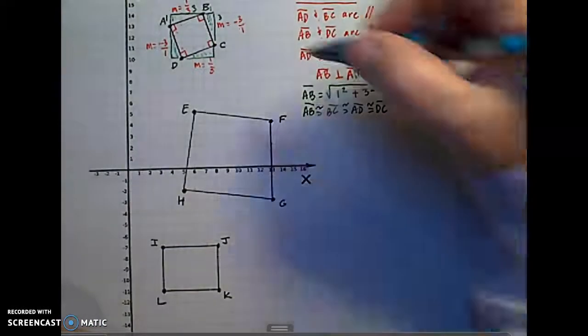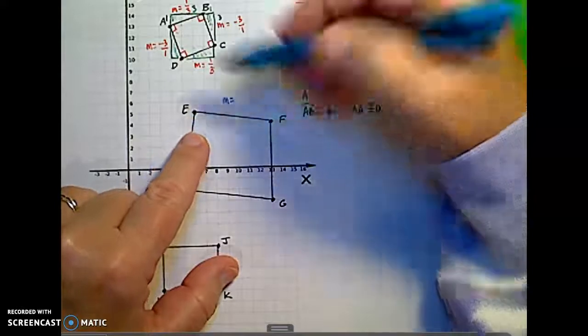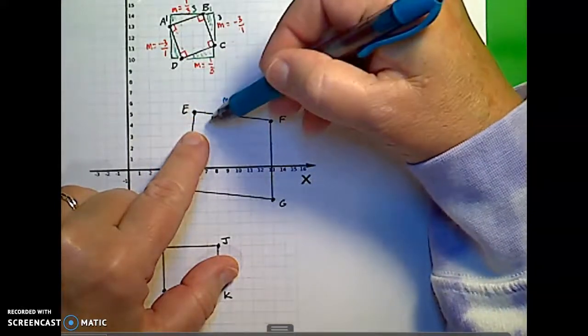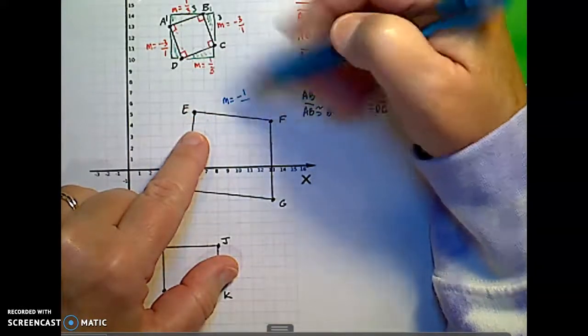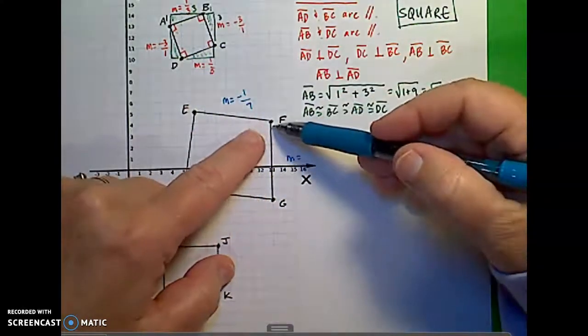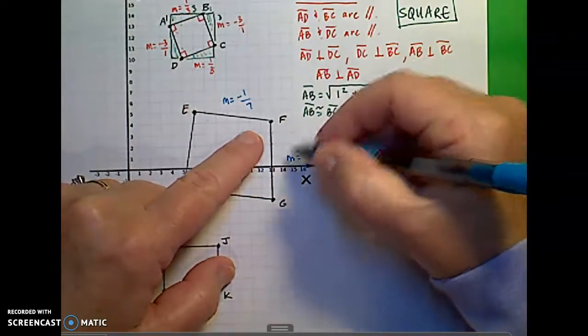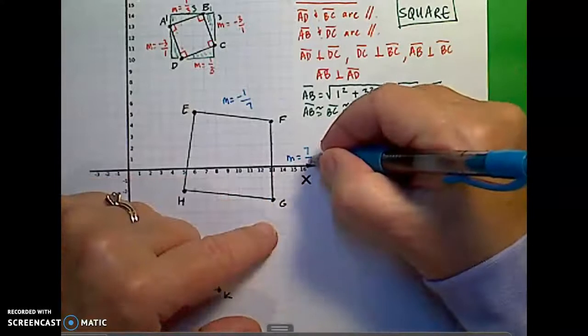Alright, if we look at the next one, I'm going to do the slopes first. The slope here is, let's see, down 1 and over 1, 2, 3, 4, 5, 6, 7. Slope here is down 1, 2, 3, 4, 5, 6, 7, and over 0.